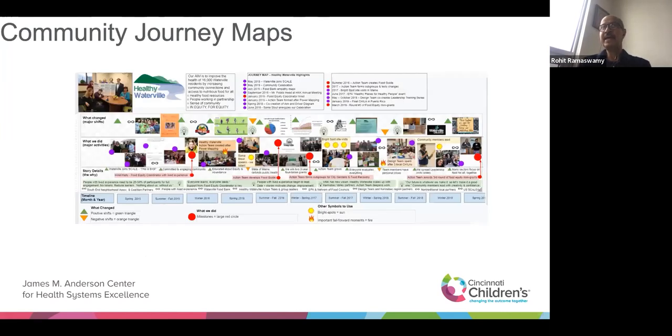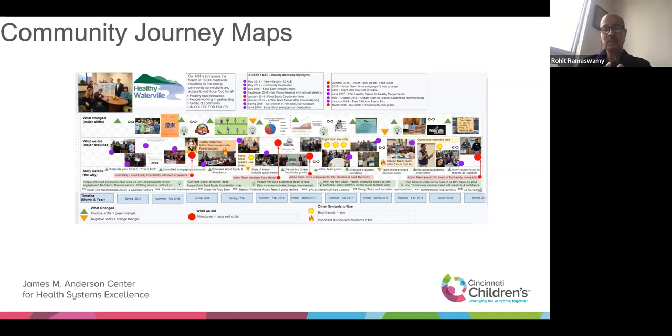And we began to look at an explicit way of representing the community's process of change and filling in the gaps, as I said, in the community story that we could not actually find from the data that was collected.